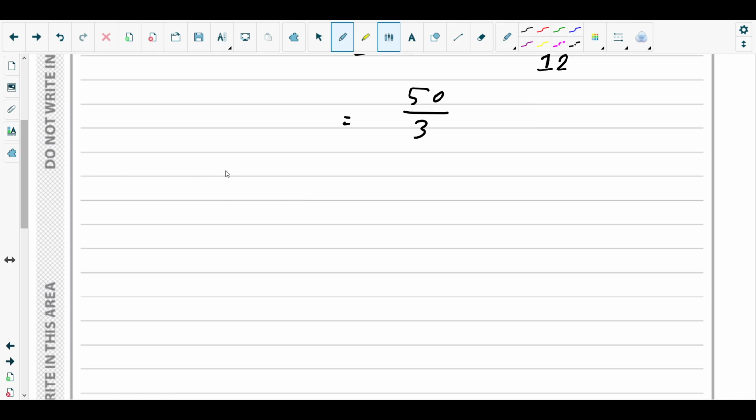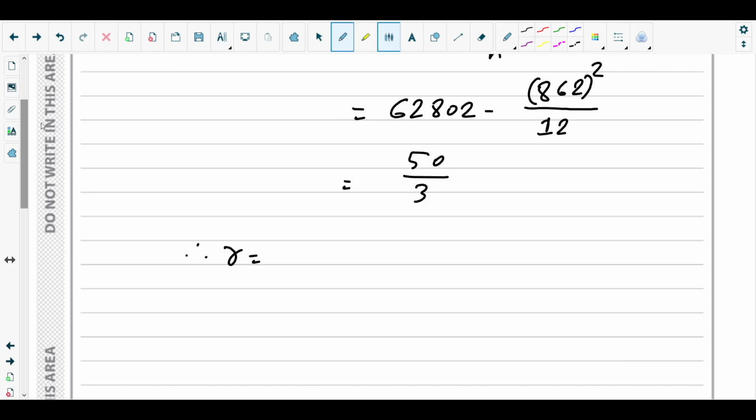Now we need the value for PMCC, right? So R is S of xy over square root of S of xx times S of yy.